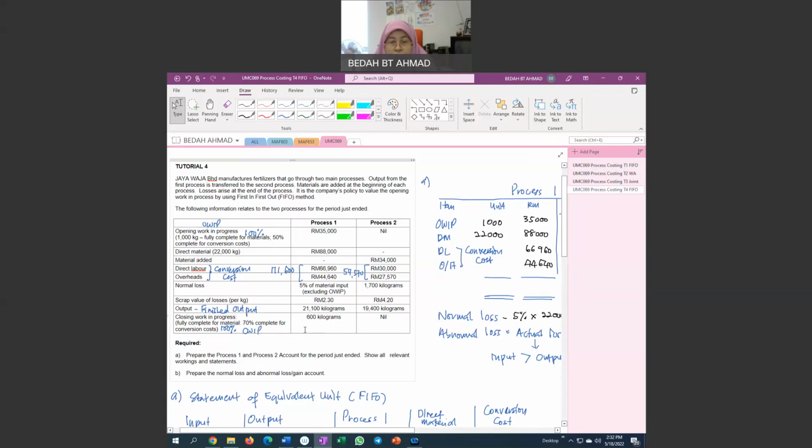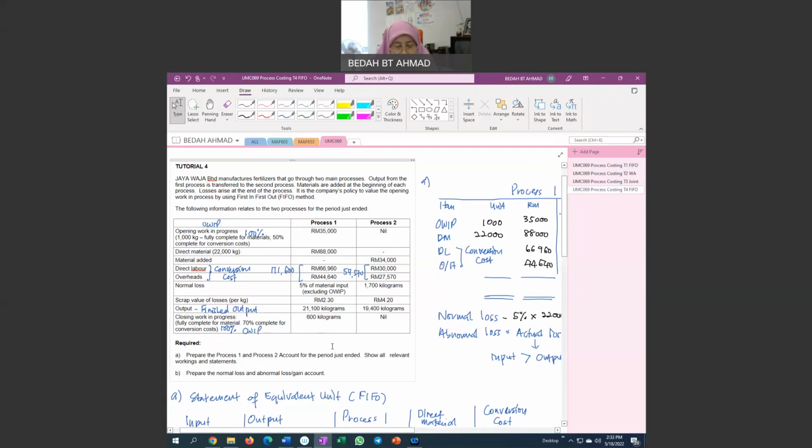So we need to determine the abnormal loss or abnormal gain. Then another thing is we need to determine how much to be transferred to process 2, the finished output or the output transfer from process 1 to process 2.